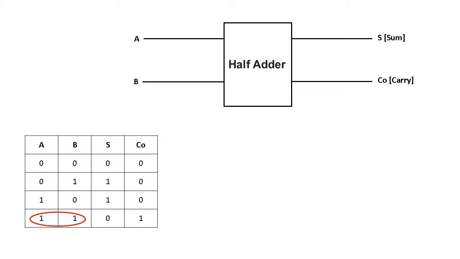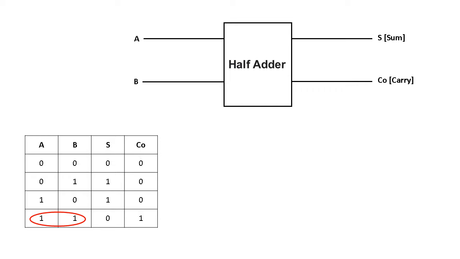So why will the carry be 1 and the sum be 0? All this we have already discussed in the binary addition. So I hope you understand why the sum is 0 and the carry is 1. I think you have observed how the truth table has been designed.